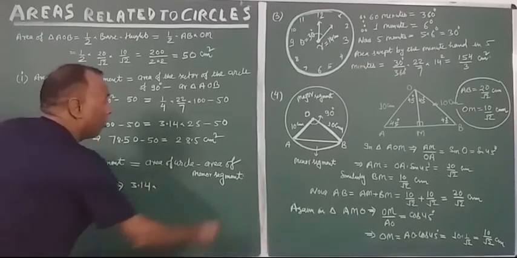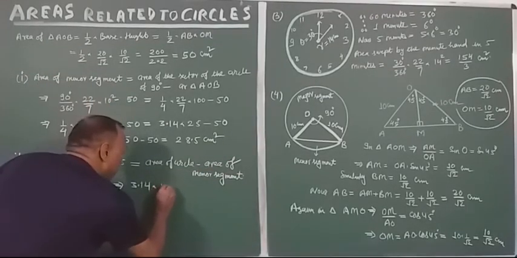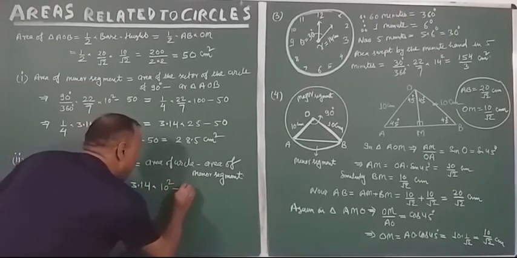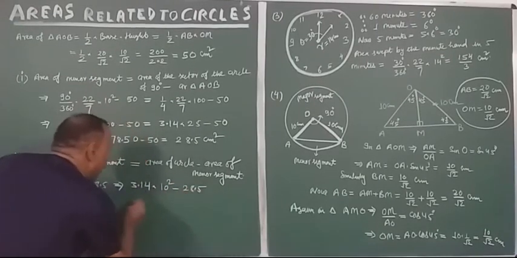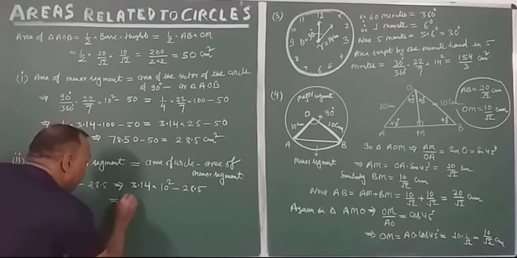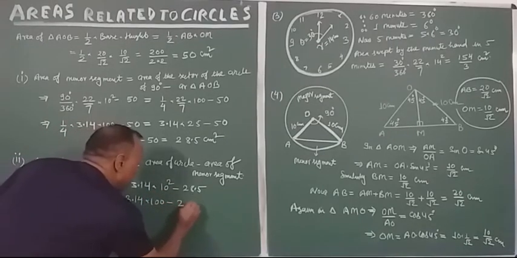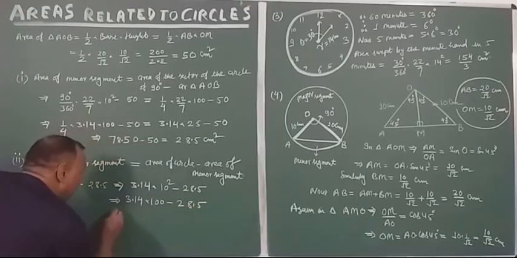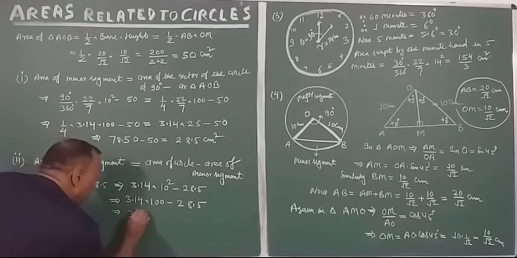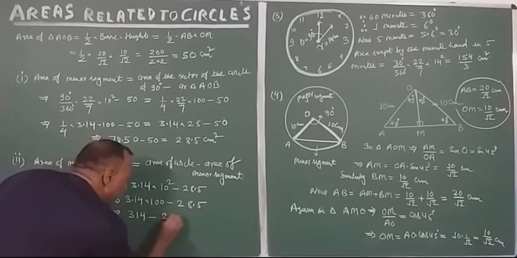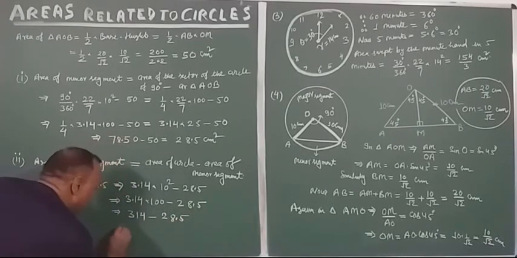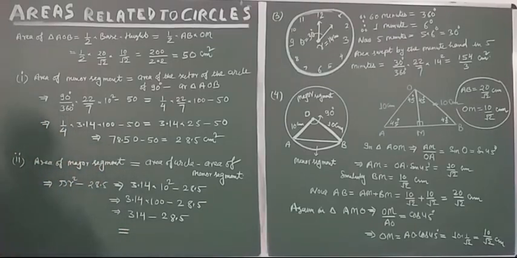R is 10. 10 square is 100, so 3.14 into 100 is 314 minus 28.5.